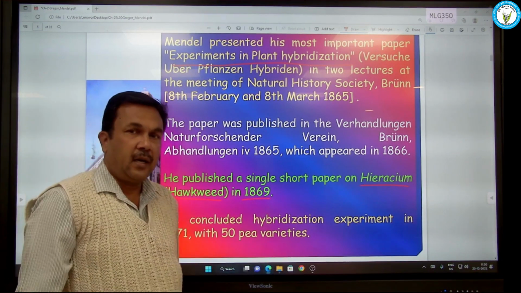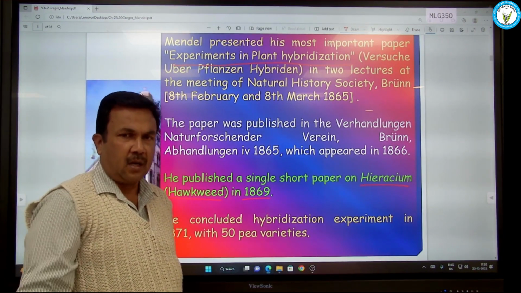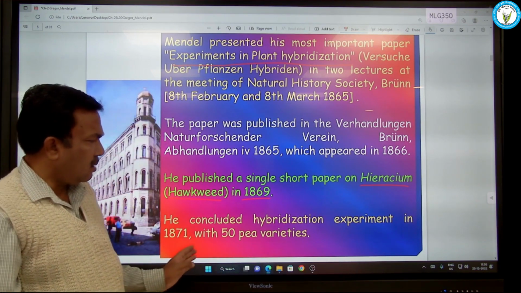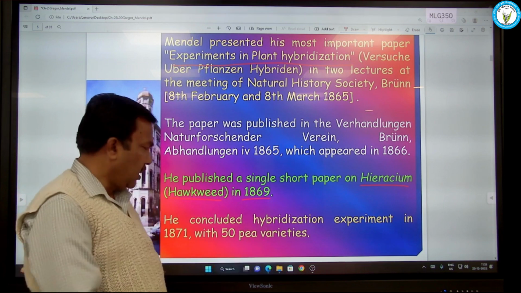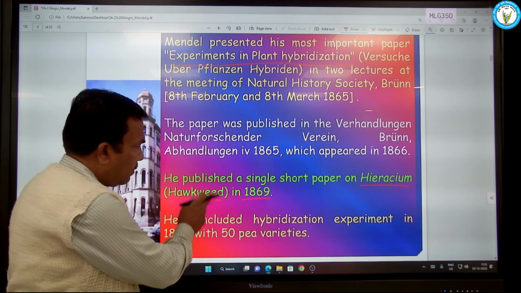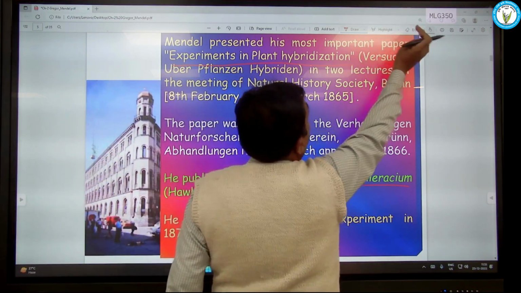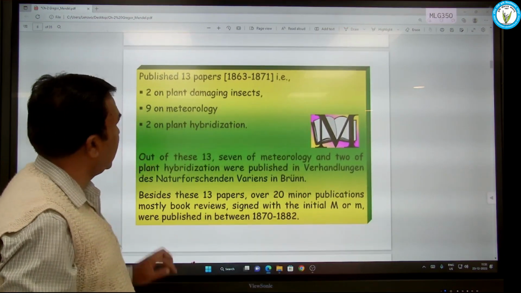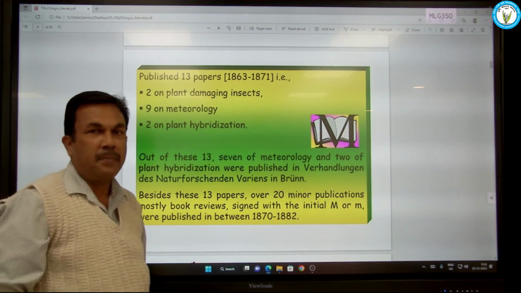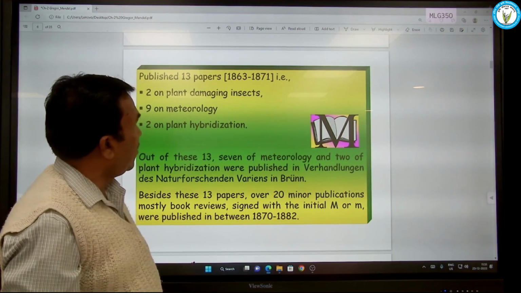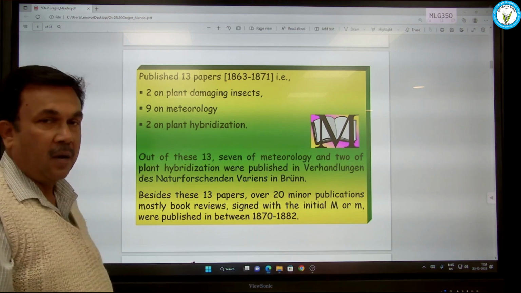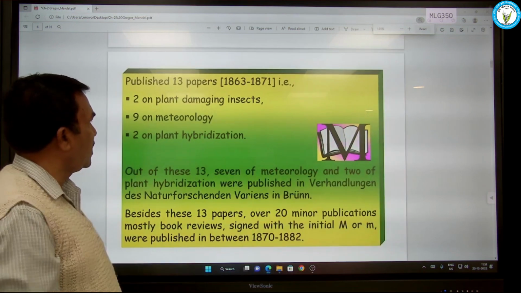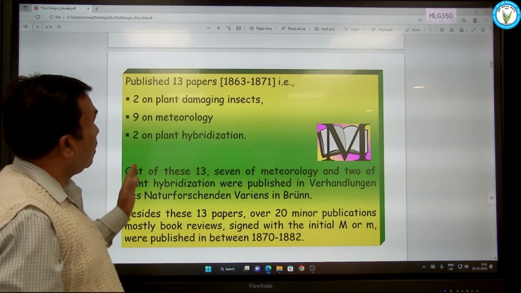He continued his experiments up to 1871, and he concluded on pea. It is also important to tell that Mendel not only worked on pea, but also on insects and meteorology.